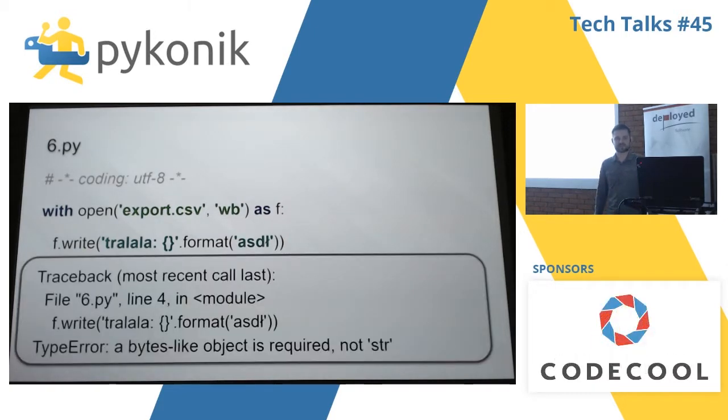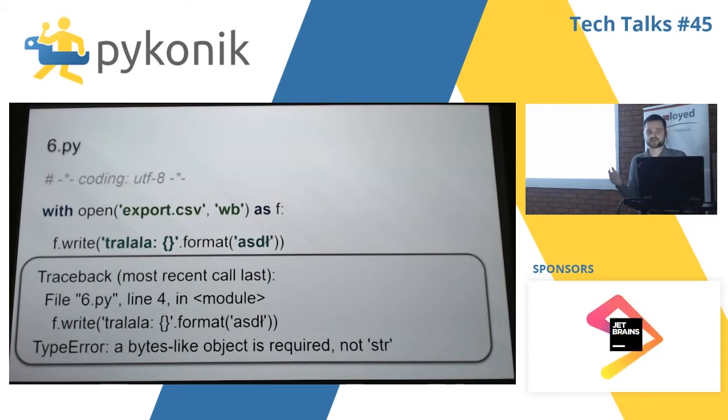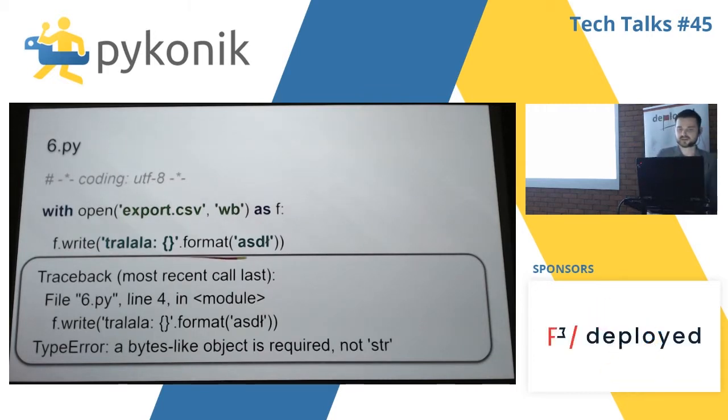Okay, let's see what happens. A bytes-like object is required, not string, because unfortunately this time, and this is the difference between Python 3 and Python 2, if we have opened the file as a binary file, we are expecting to get a bytes object here.